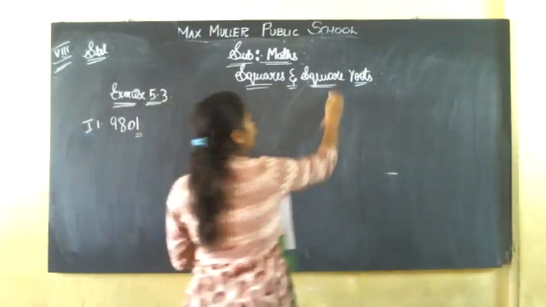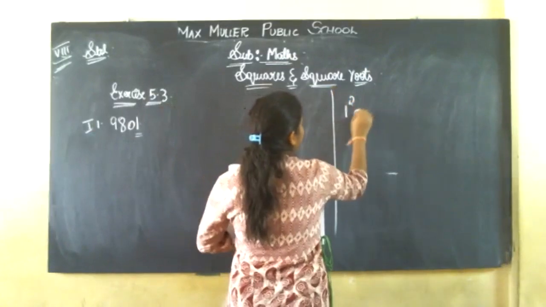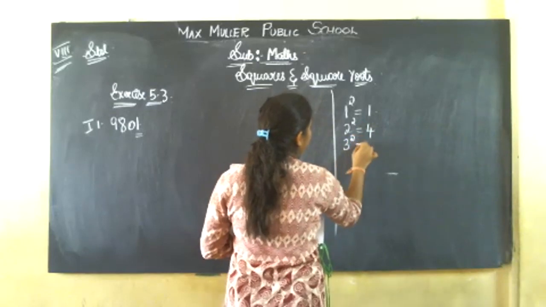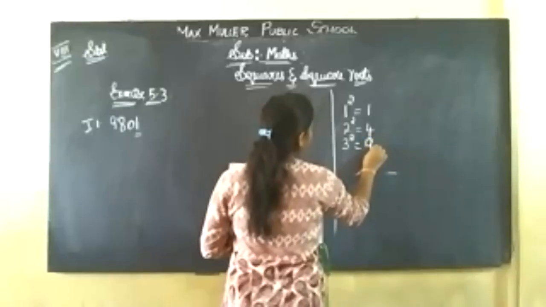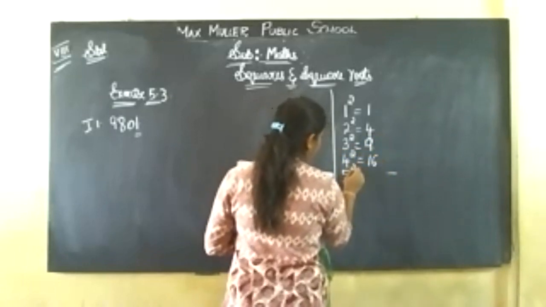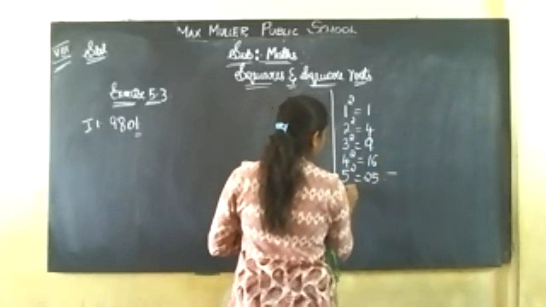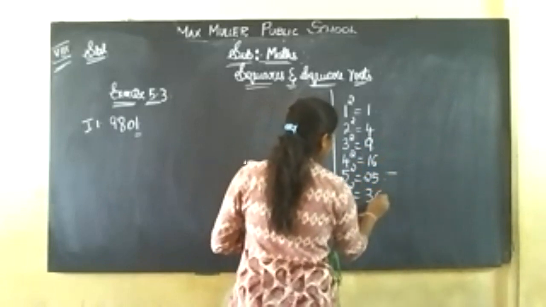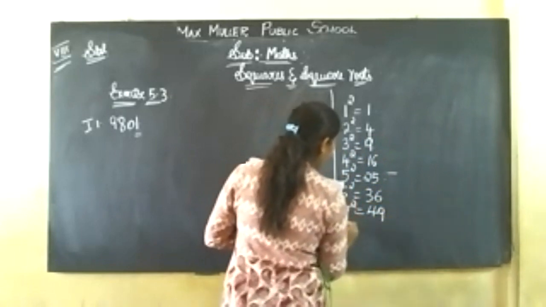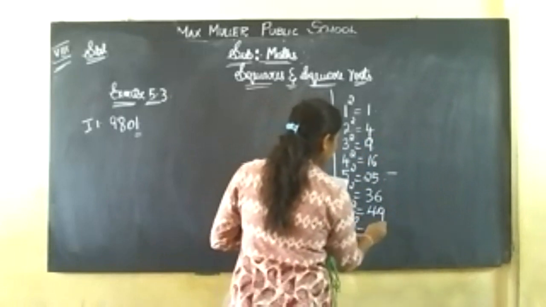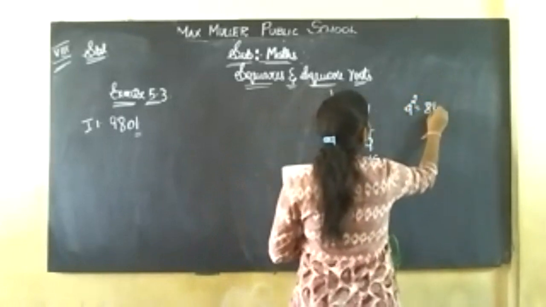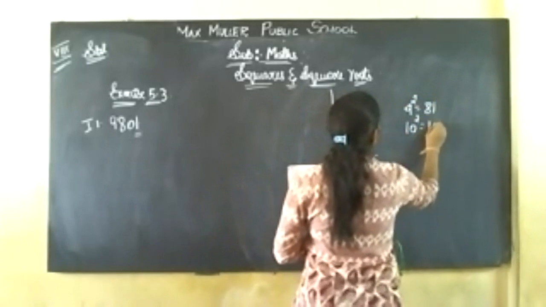You know 1 square is 1, 2 square is 4, 3 square is 9, 4 square 16, 5 square 25, 6 square 36, 7 square is 49, 8 square is 64, 9 square 81, and 10 square is 100.